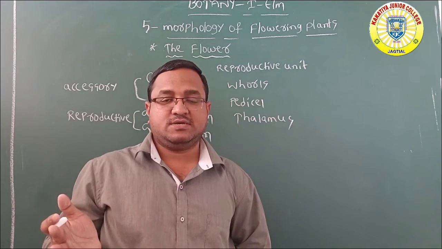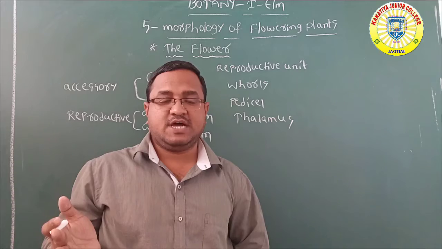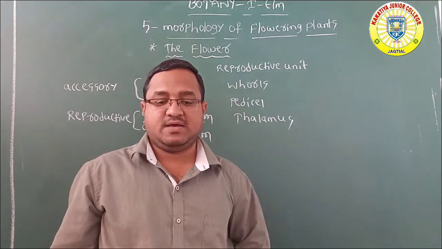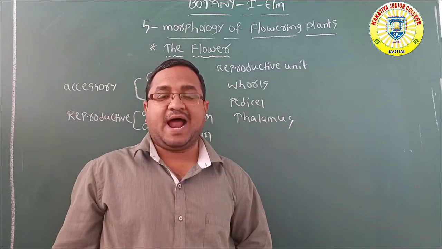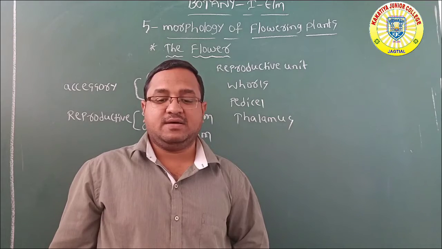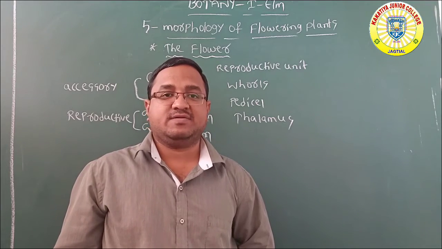Especially in lily, the calyx and corolla are not distinct; they are similar, and are termed as perianth.